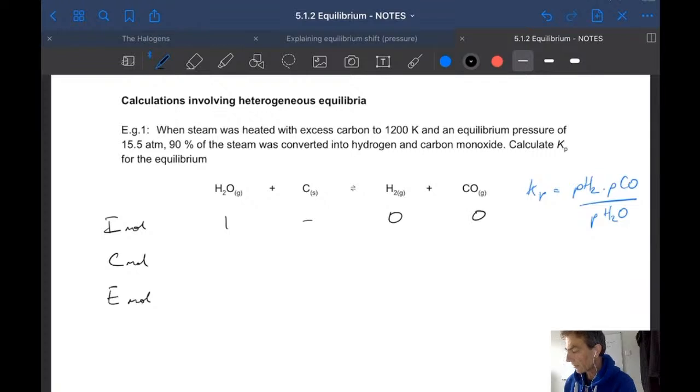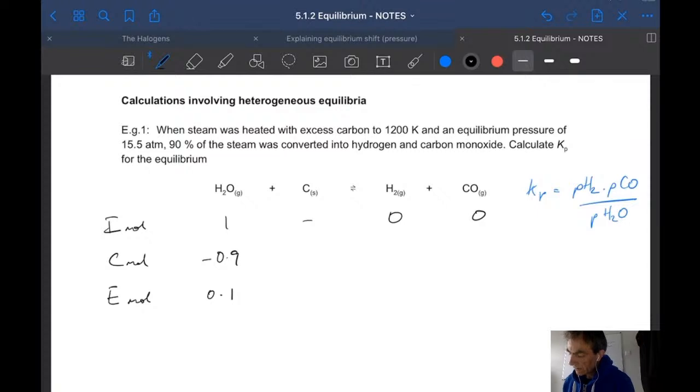And 0 moles of those two initially, because nothing's happened yet. We're told that at equilibrium 90% of the steam gets converted. You can pick any number you want really, as long as you do 90% of that, but the easiest thing is to go with 1. So that's going to drop by 0.9. 90% of 1 is 0.9, which means that at equilibrium you've got 0.1 left.